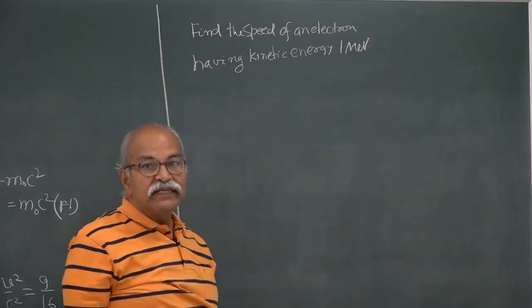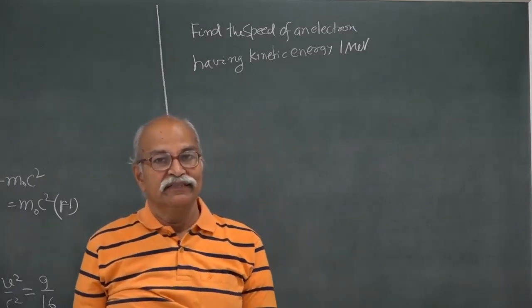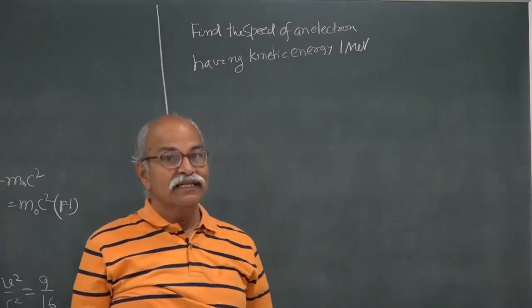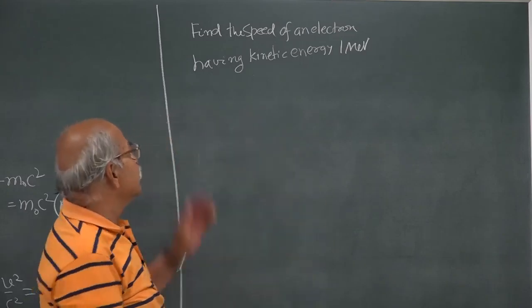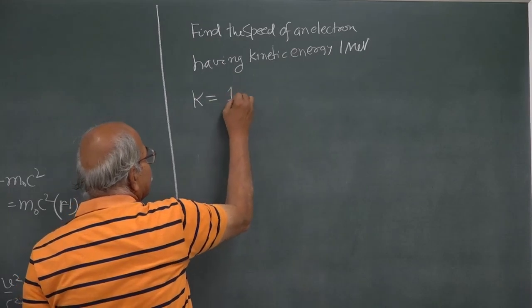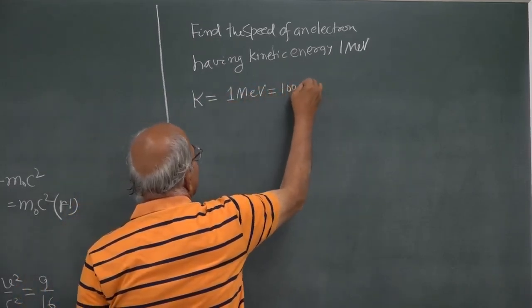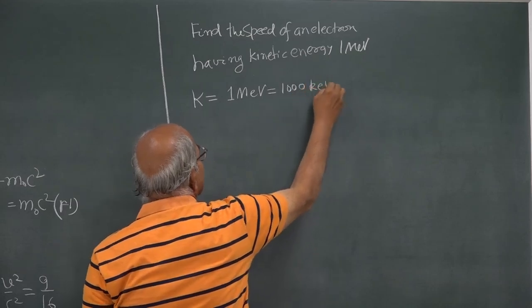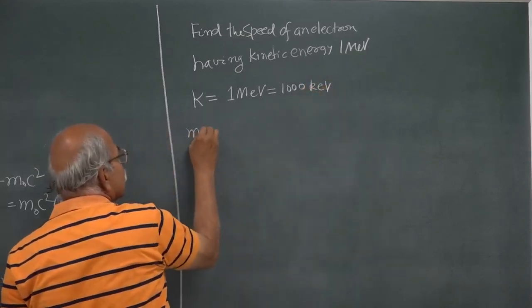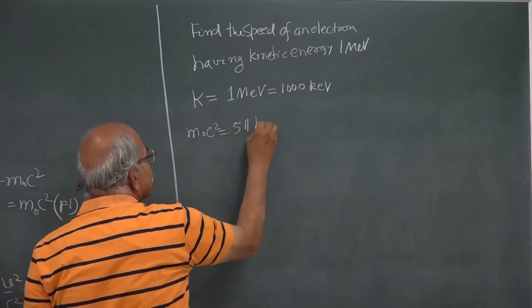So now the kinetic energy is not small compared to rest mass energy. In fact, it is more than rest mass energy. The kinetic energy K is 1 MeV, that is 1000 keV, whereas the rest mass energy m0 c square is 511 keV.